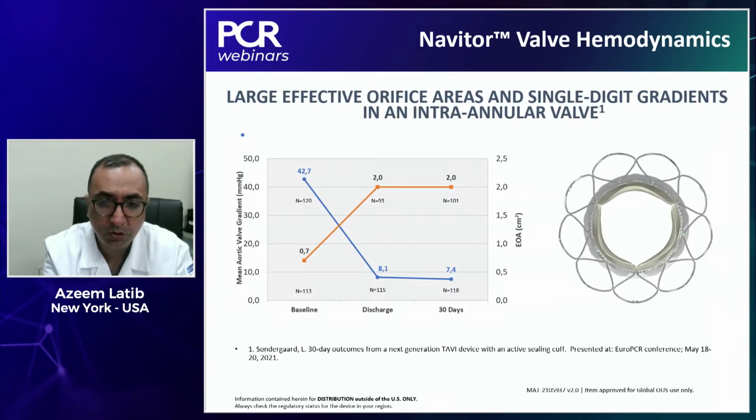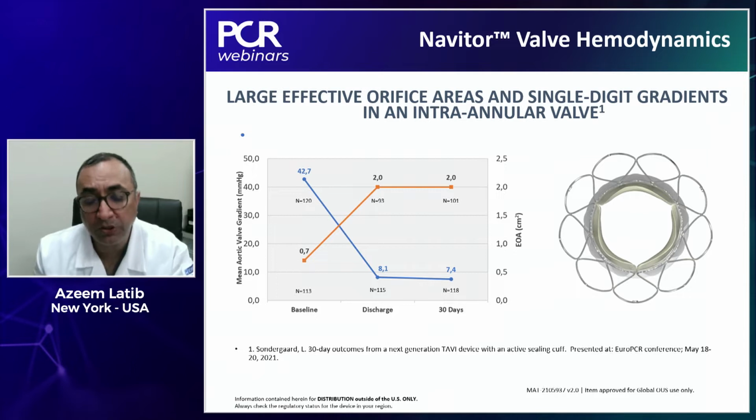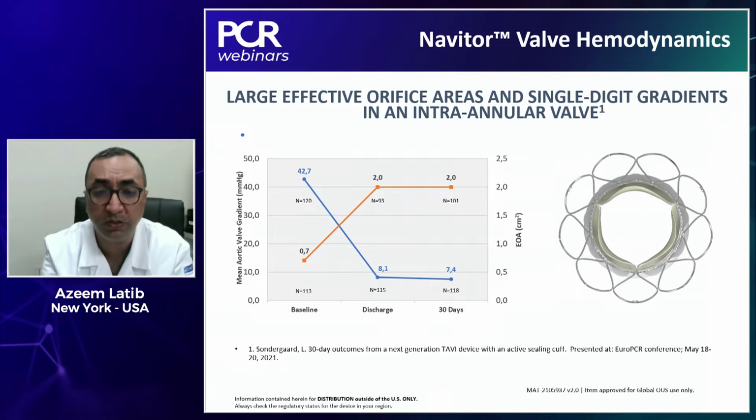As we treat younger and younger patients, it becomes very important to have good hemodynamics. You mentioned earlier, Lars, this is an intraannular valve, and whether there are any concerns about hemodynamics, intraannular versus supraannular.